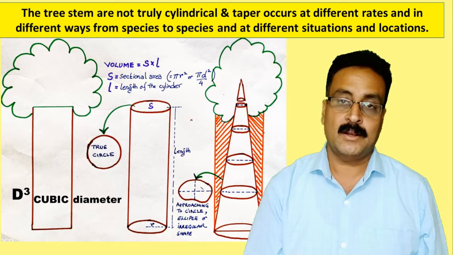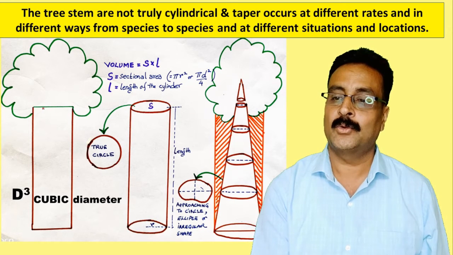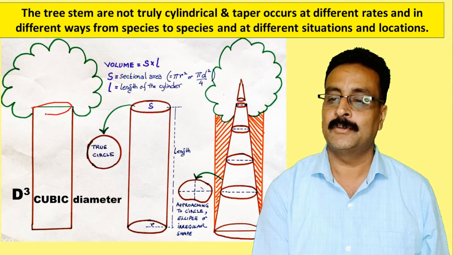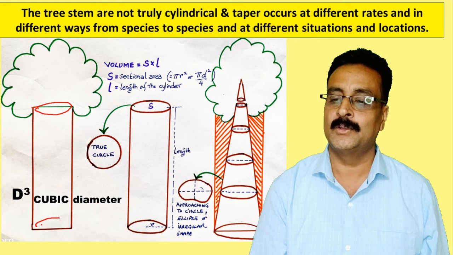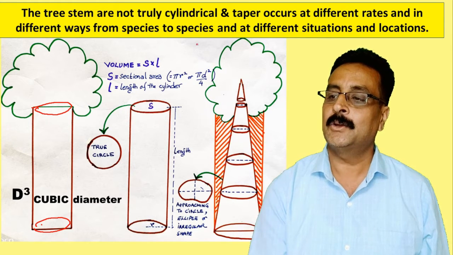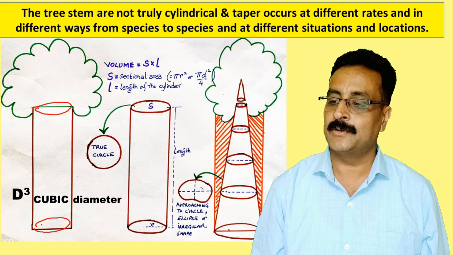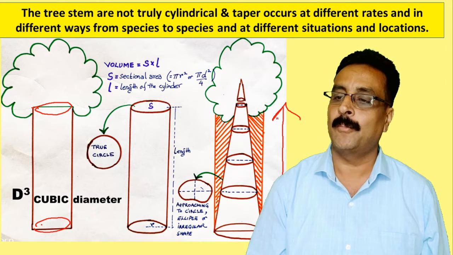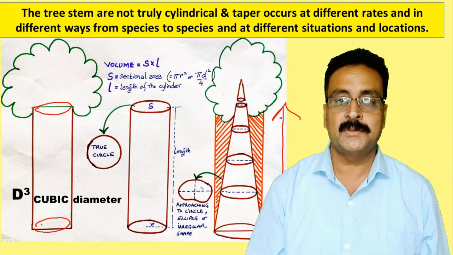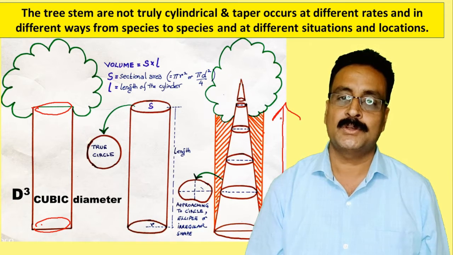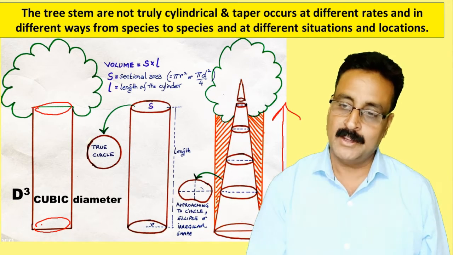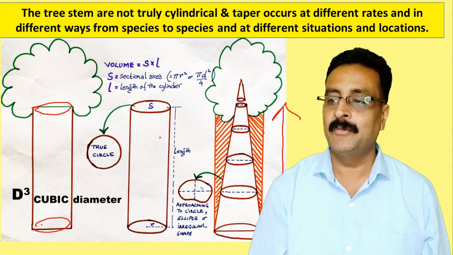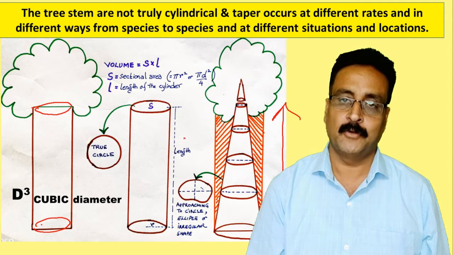Tree stems are not truly cylindrical like this, because taperness occurs at different rates. You can see how the taper occurs at different rates from base to top, and it differs from species to species and in different situations and locations. If a tree were a complete cylinder, it would be very easy to measure the volume of a tree.